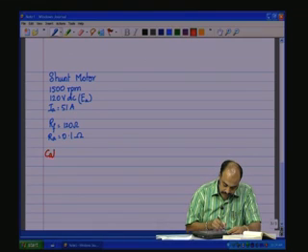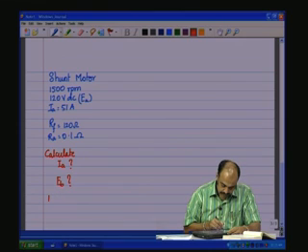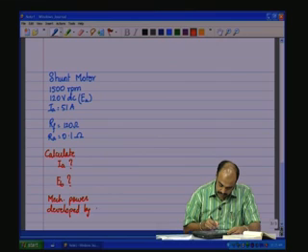Given this, let us calculate IA, let us calculate the EB, and let us calculate the mechanical power developed by the motor.